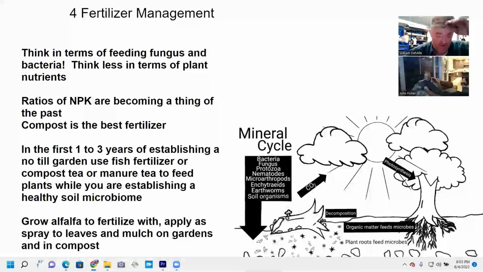AgriGrow, I'm thinking is like a brand name, so they probably have lots of different products. It's a liquid fertilizer that's brown. It's got a lot of stuff in it, and it's just a 3-3-4 or something like that. It's not very much, like the fish fertilizer. But it has a lot of minerals in it already. I don't know, it's hard to know what's in all those.